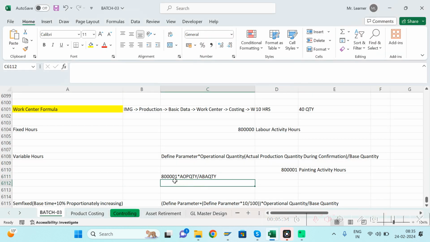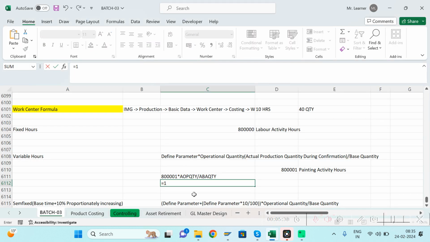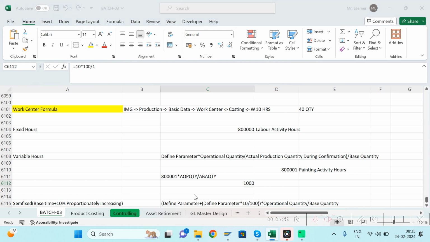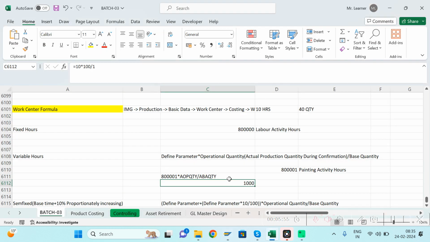Your defined parameter, that is your 10, is equal to 10 multiplied by your actual quantity you produced, that is 100, divided by your base quantity, that is 1. So it will calculate 1000 hours, and that is correct also. To produce 1, if you need 10, to produce 100 you need 1000 hours. So this is how it will calculate. This is the formula.